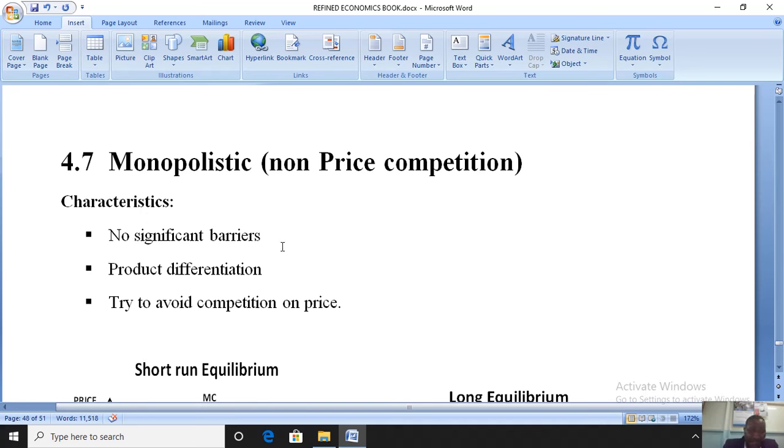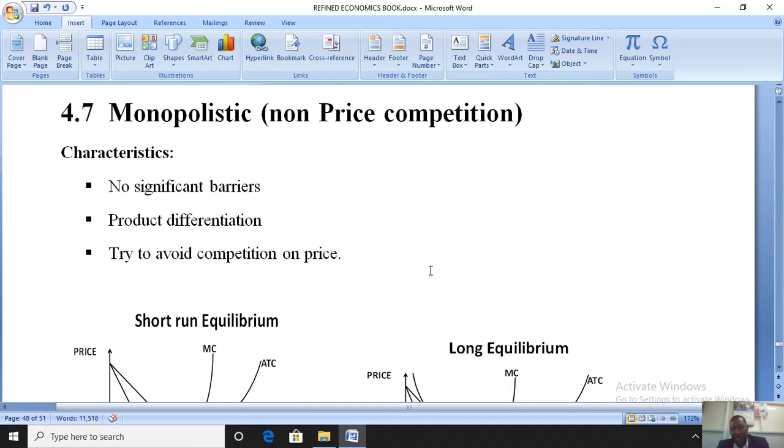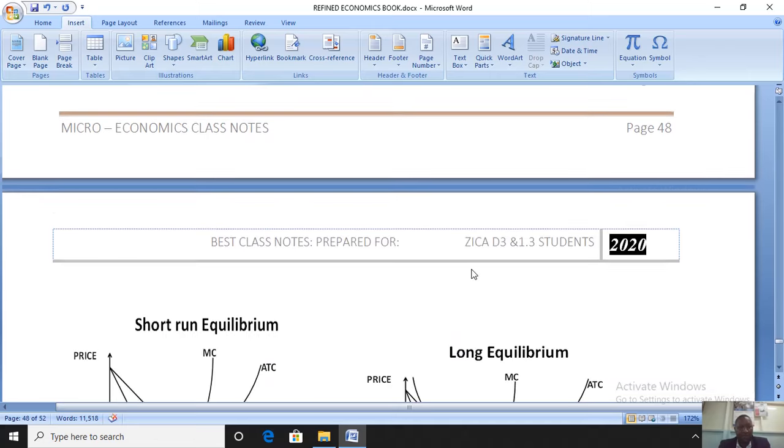Here there are no significant barriers to entry, so the barriers are so weak, and if the barriers are weak, it means that the firm cannot sustain the supernormal profits in the long run. The firms use product differentiation as a basis for competition, and the firms, of course, try to avoid competing based on prices.